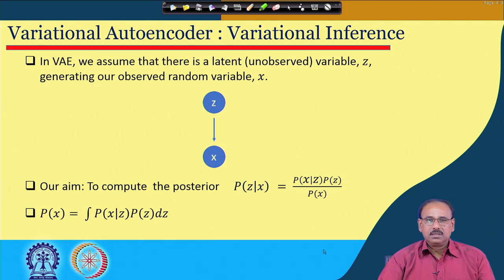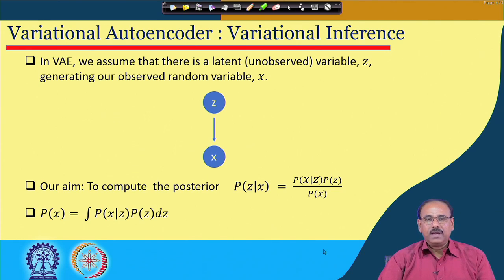As a result, we want to compute a posterior probability, which is p(z|x), because for x of different categories, the probability of getting a latent vector z will be different. So, we want to compute p(z|x), and you find that p(z|x) is nothing but p(x|z) times p(z) upon p(x), and this is what you get from Bayes' rule.